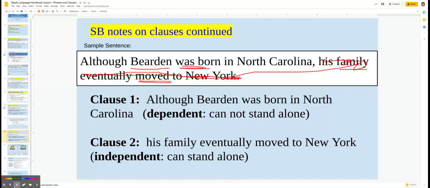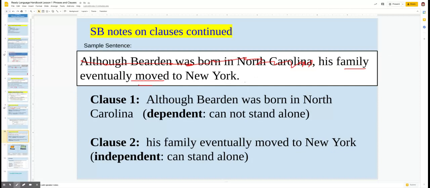Which is why we have the rest of our sentence that helps us. And it says his family eventually moved to New York. Now, the thing about the second sentence is that second independent clause can stand all by itself. I could get rid of all of this, and just saying his family eventually moved to New York would make sense.